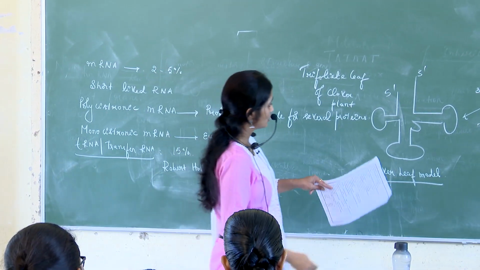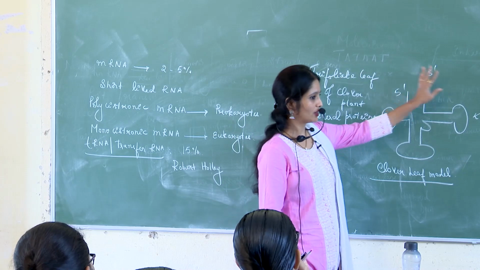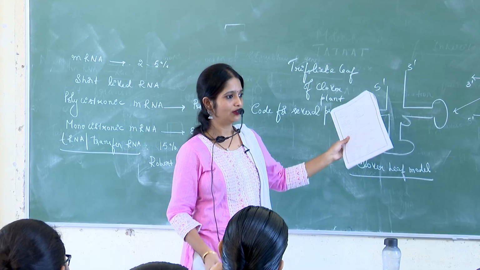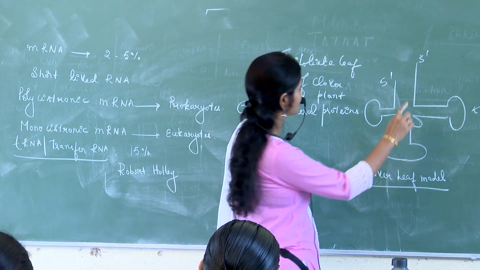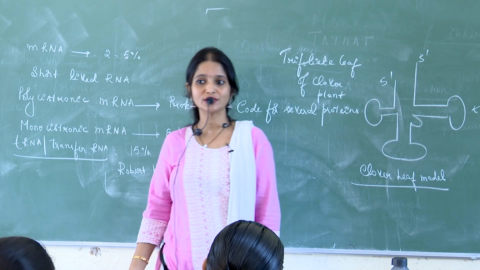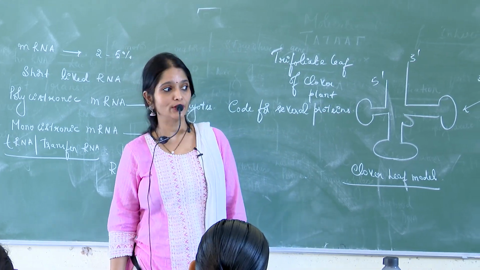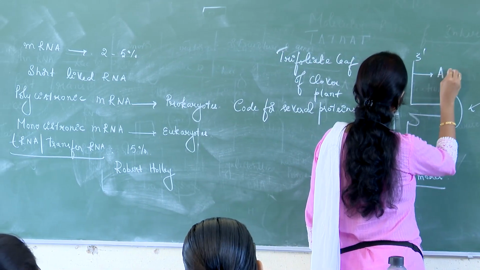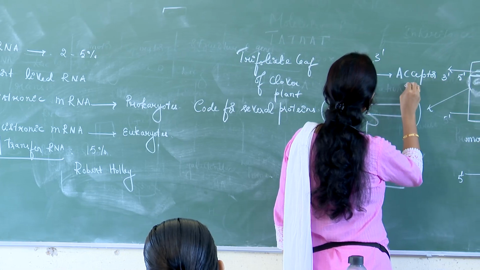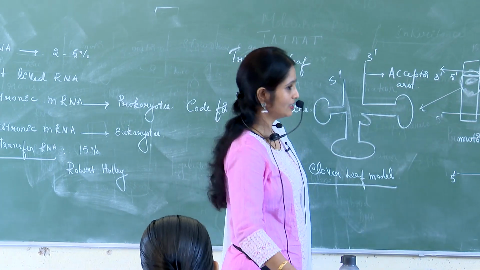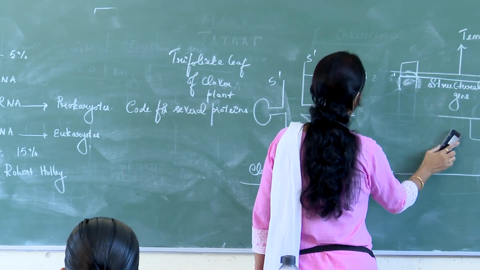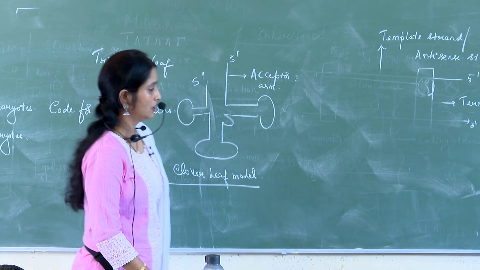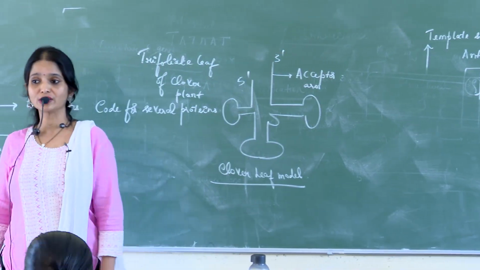So can you see these arms? This is the first arm. What is this arm called? This arm is known as the acceptor arm, also called the amino acid arm.